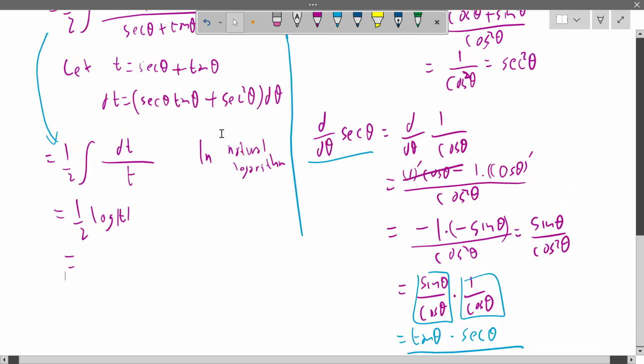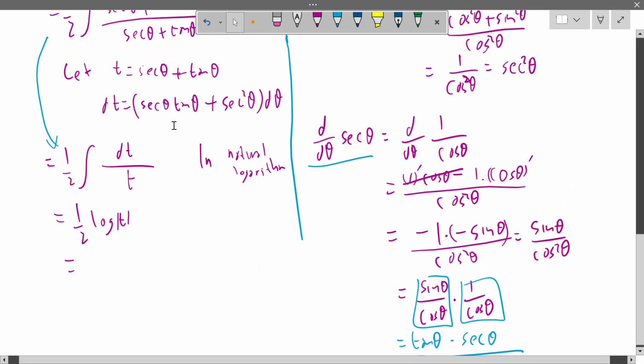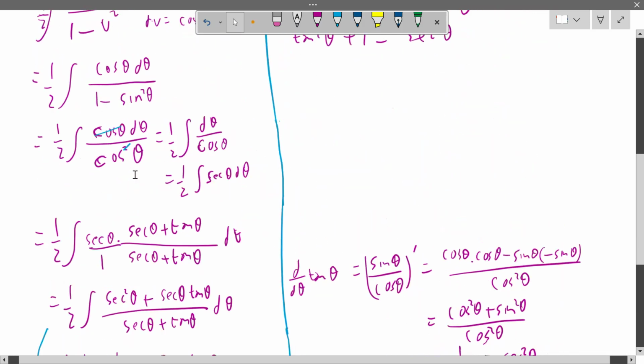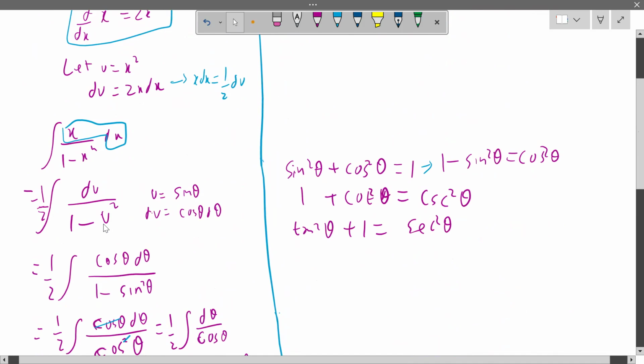Now we have to work backwards and back substitute, so we return all of this into the variable x.